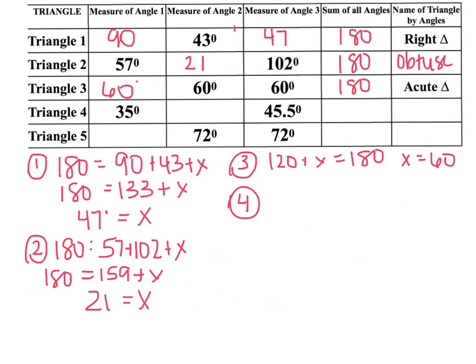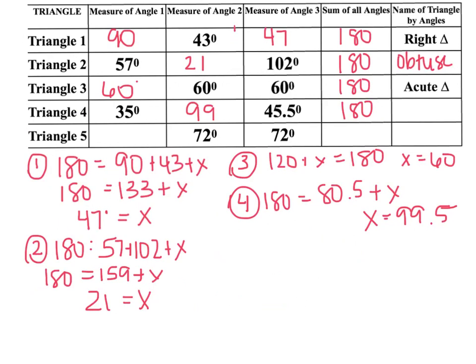Number 4, again, we know this is equal to 180, so 180 equals 35 plus 45.5, and I went ahead and added that to be 80.5 plus x. 180 minus 80.5 is x equals 99.5. So you can see again, we have two acute angles but one obtuse, so it's going to be obtuse.